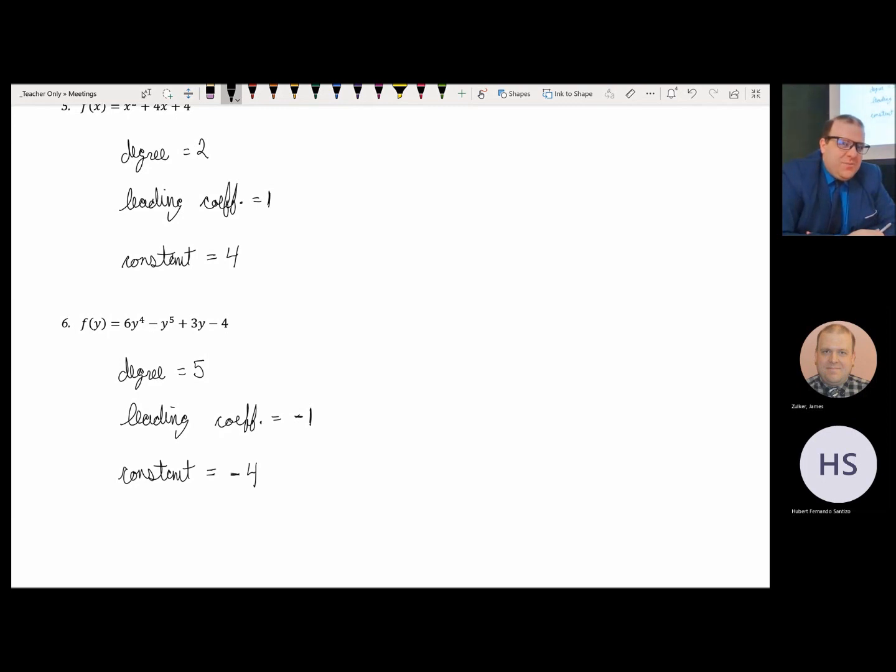Finding the x-intercepts, you have to set the function equal to 0 and solve for x, which is what we spend next week doing for polynomials. Is that like algebra or is that something completely different?